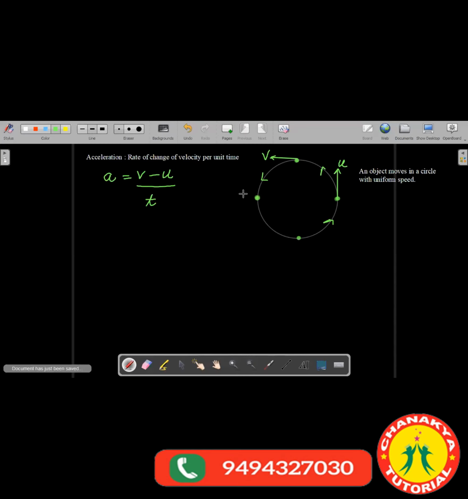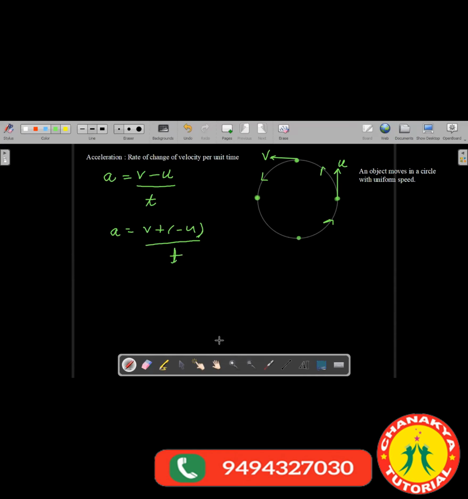So our v is directed in this direction and we have u. So v minus u can be written as v plus minus of u. And using the laws of vector addition, we can find out the acceleration.